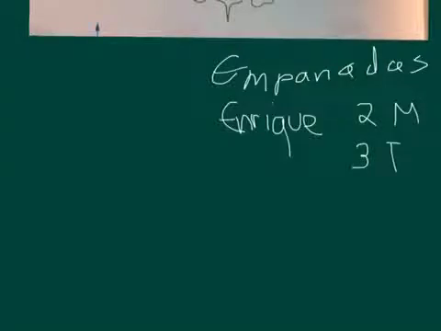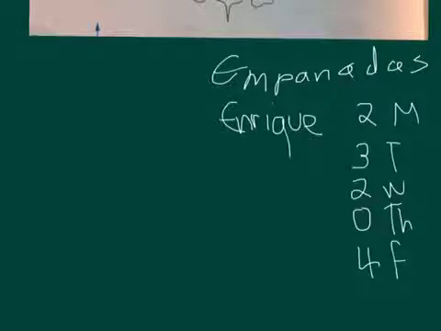Then on Wednesday he's back to 2, and on Thursday he realizes, oh my goodness, I've eaten way too many empanadas, so I'm going to give it a break, and he eats 0. Then by Friday he's back on the wagon, and he says, I am starving for some good empanadas, so he eats 4 of them, and that's his week. You can just imagine what Enrique might look like by the end of the week.